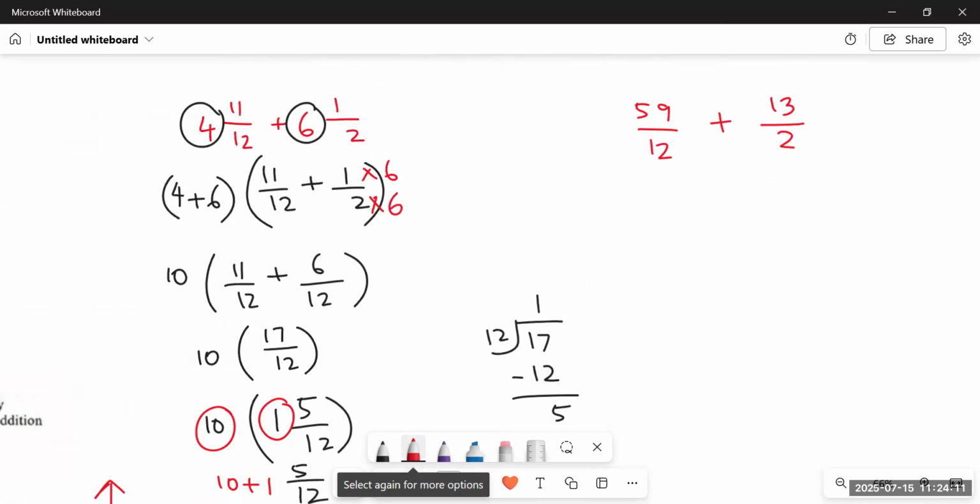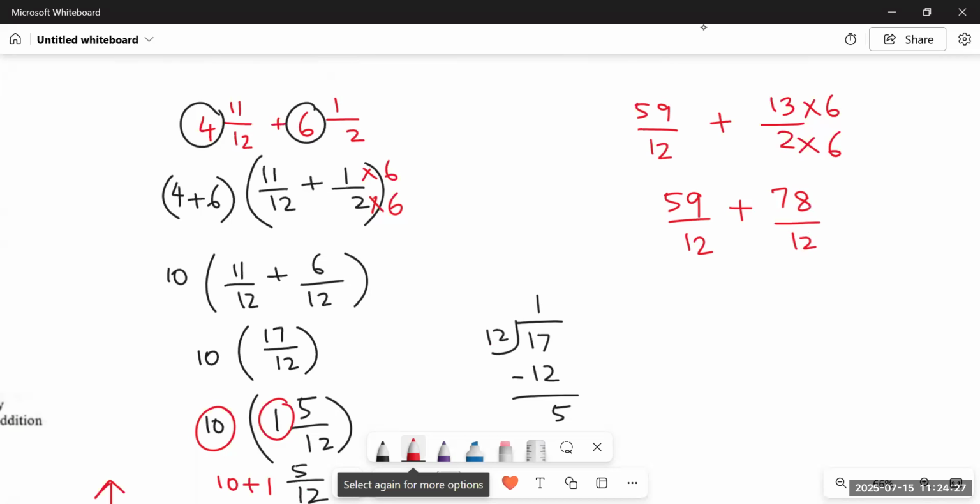Then what are we going to do? We will multiply both of them by 6. So 59 upon 12 plus 13 6s are 78 upon 12.